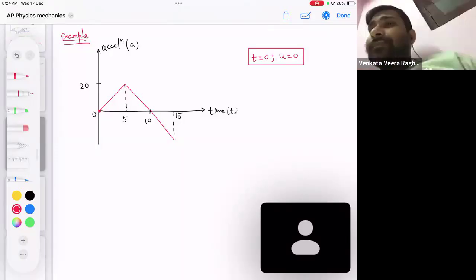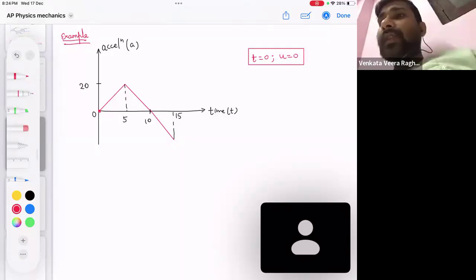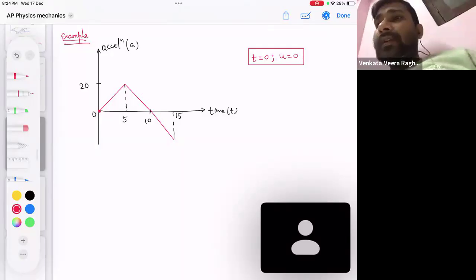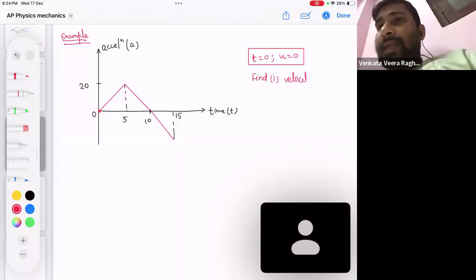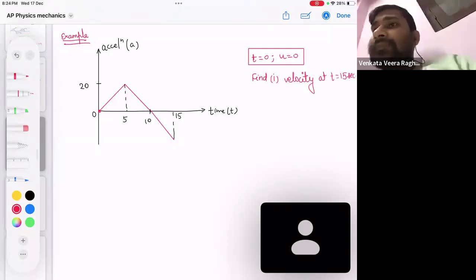Now they are asking in the question: find velocity at t equal to 15 second. Understood? Some questions in physics clearly mention what you need to find out, and sometimes the question doesn't say clearly.